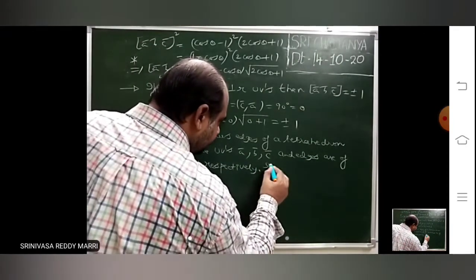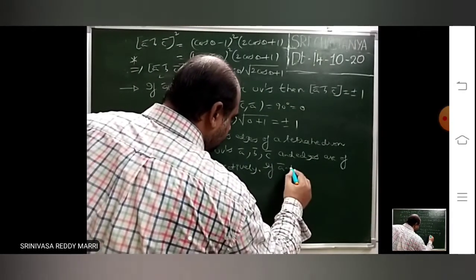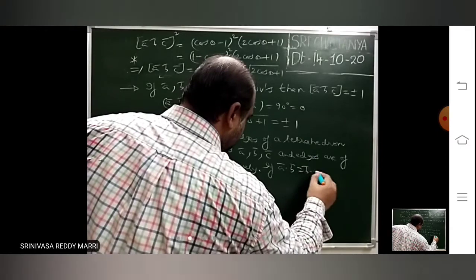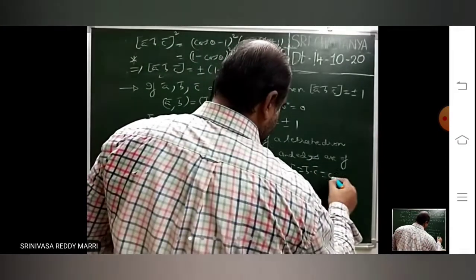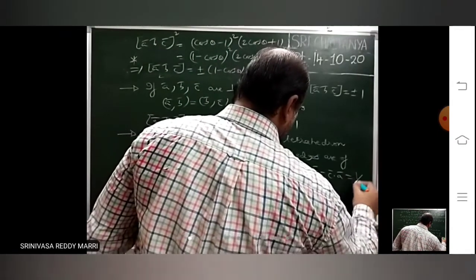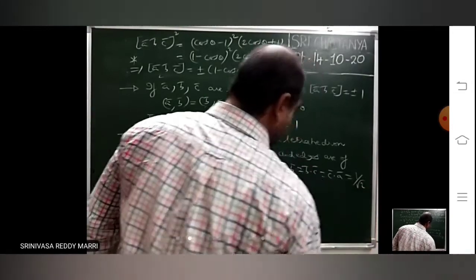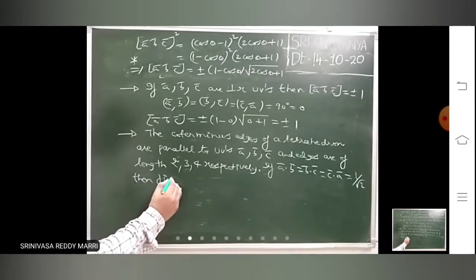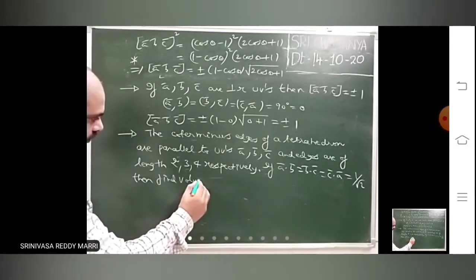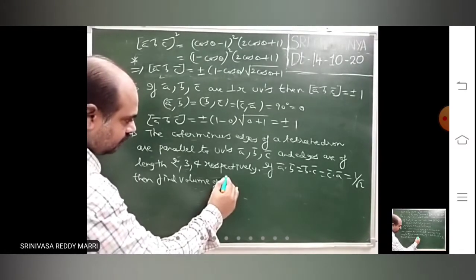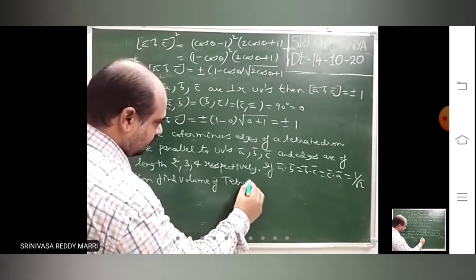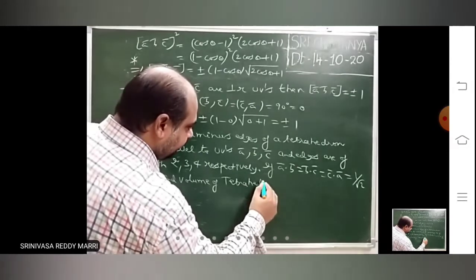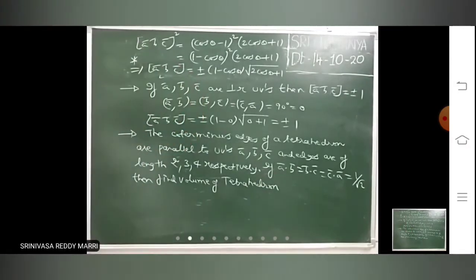If the dot products are 1 by root 2, then find the volume of the tetrahedron. Look at this problem.